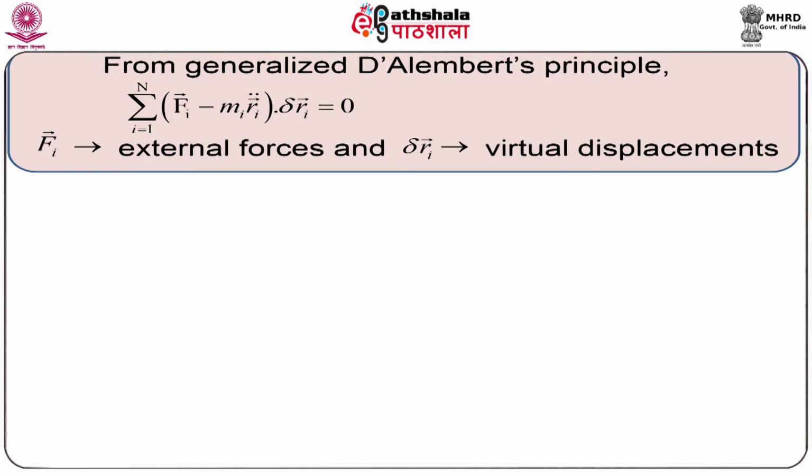One is the effective force, which is the difference between the externally applied force fi vector and mass into acceleration, which gives the inertial force, and the other is delta Ri vector, the virtual displacement vector. Taking the sum of this, we get that the virtual work done by the effective forces vanishes.